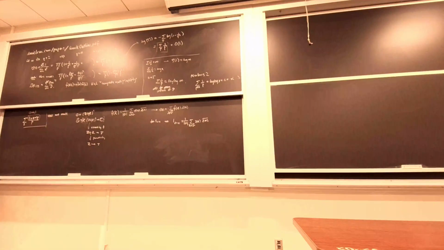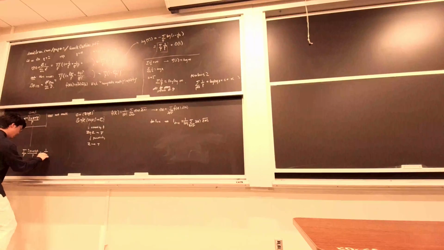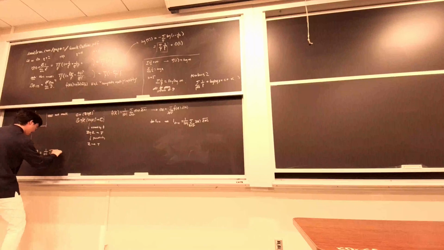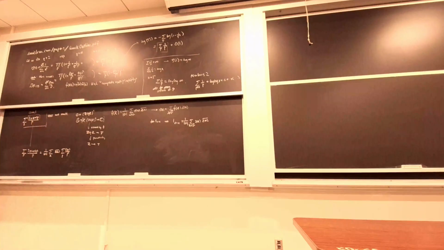And so I can play the above game. Using that formula, I can rewrite the sum as 1 over |G| times a sum of the conjugate of chi of a, and again, interchanging summation freely, I get the following.